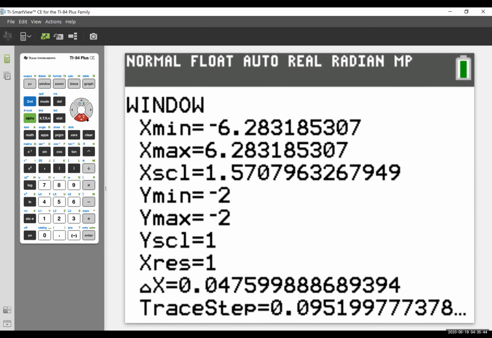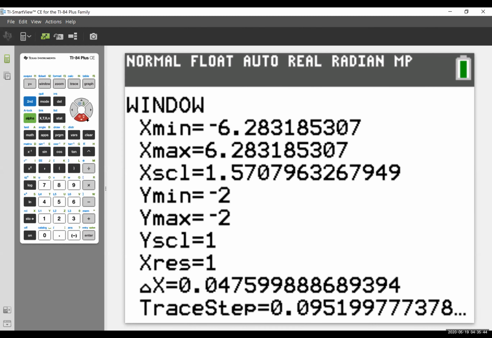If we were to plug in g of pi, that's cosine of pi, on the function, we get -1. So we have pi, -1, or pi and g of pi.